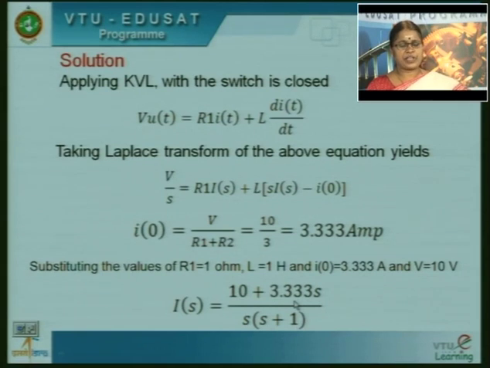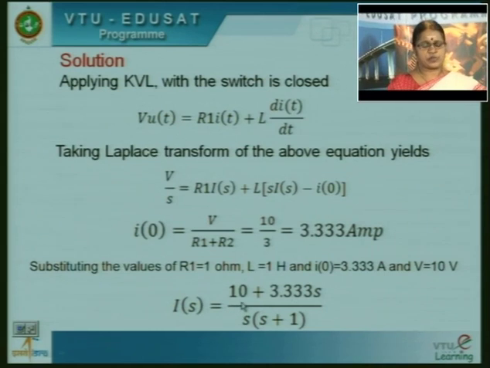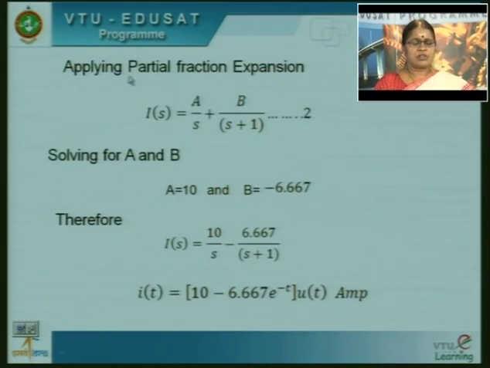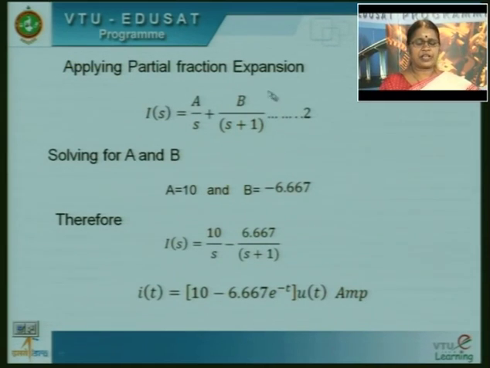Now, our aim is to find the current I of t, so we need to get the Laplace inverse of this expression. To do that, we must bring I of S to a form where we can apply Laplace inverse. I of S can be written as A by S plus B divided by S plus 1.